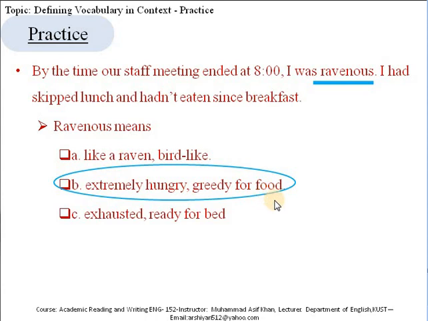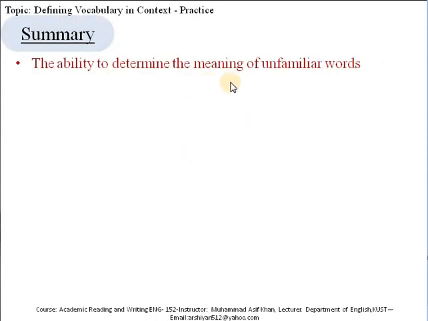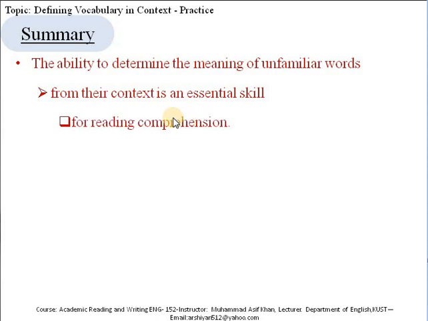Now let's move towards the summary. And the ability to determine the meanings of unfamiliar words from their context is an essential skill for reading comprehension. So that is the summary of the whole this lecture.